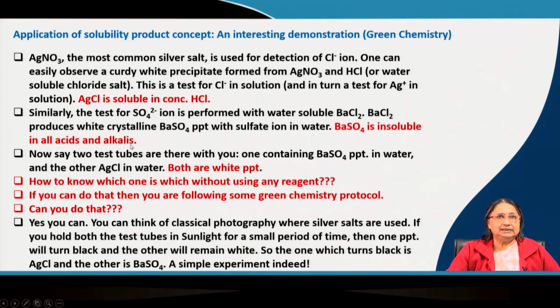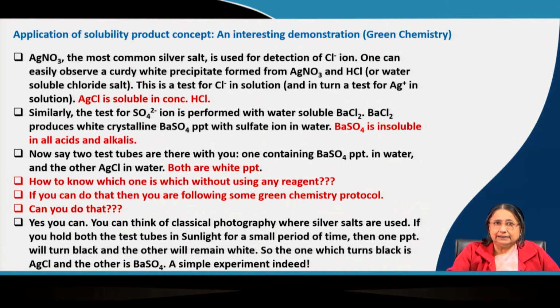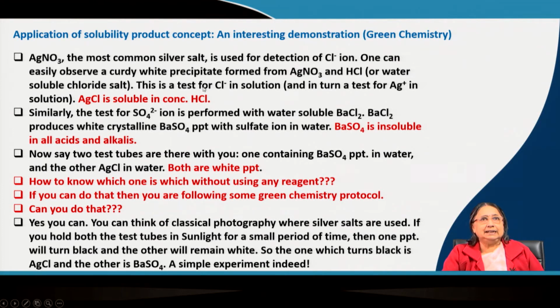So, see the difference in the properties. If I ask you how can you say that both are white precipitates, but which one is silver chloride and which one is barium sulphate? Then you can easily tell that in one precipitate if I add HCl it will dissolve, in another it will not dissolve. So, the one which dissolves is AgCl and the one which does not dissolve is barium sulphate.